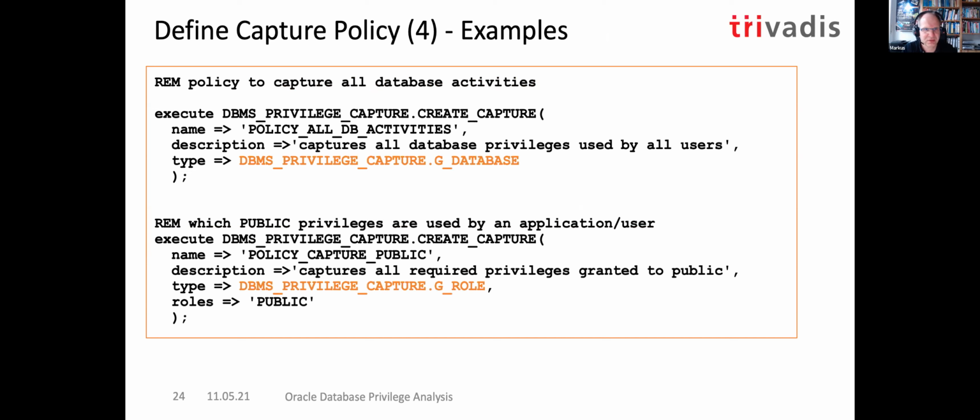Just call it with a type DBMS_PRIVILEGE_CAPTURE.G_DATABASE. Second is if you want to find out which public privileges are granted in your database and how they are used by your application. You can capture all public privileges, just use the role PUBLIC.